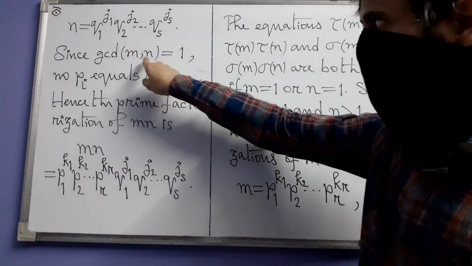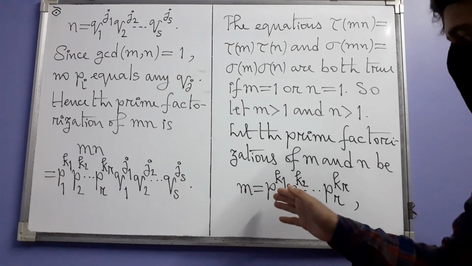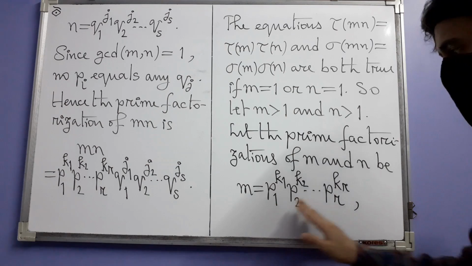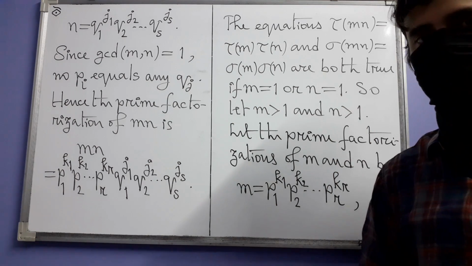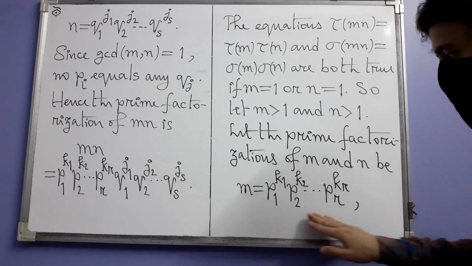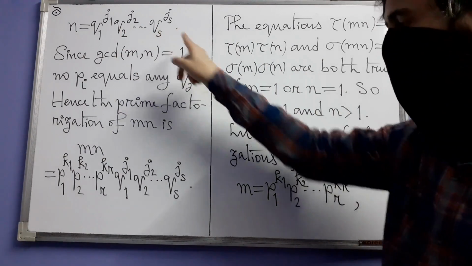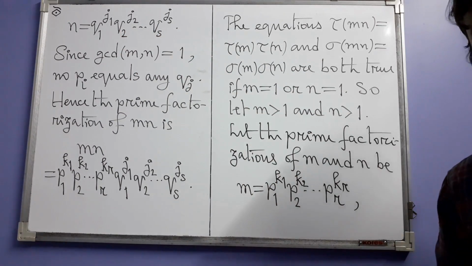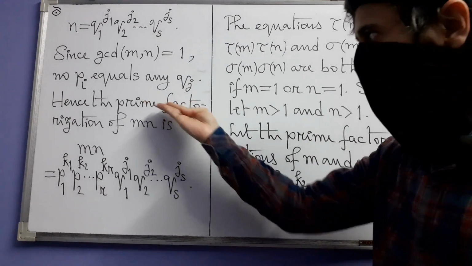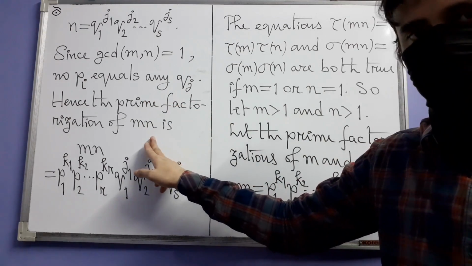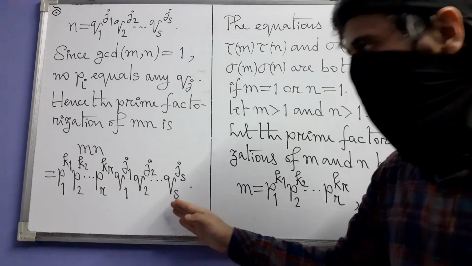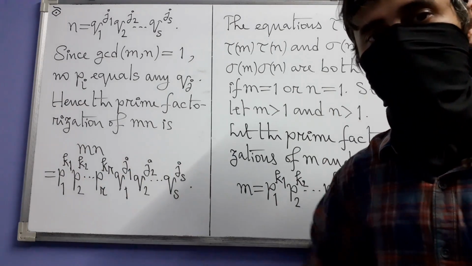Now, because m and n are relatively prime, there is no common prime in these factorizations, in the sense that whatever primes you find here, you won't find there, and the primes that you have there won't appear here. And that is why the prime factorization of the product mn is just this, because these are different primes.